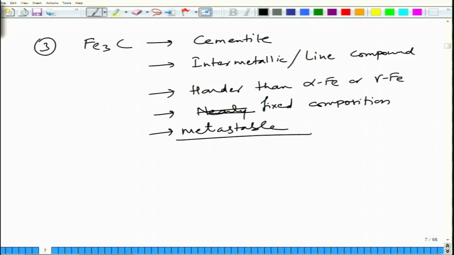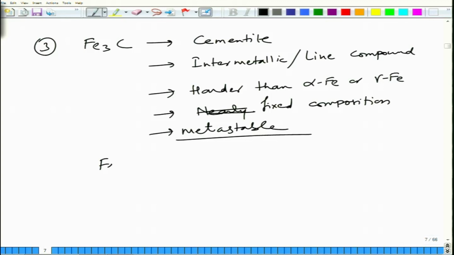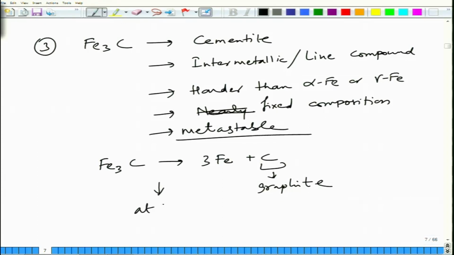If you provide appropriate conditions, it happens not in steel as such, but more in cast iron. When the carbon percentage is higher, Fe3C tends to decompose into Fe plus C, and the C is nothing but graphite. This happens at higher carbon concentration, silicon concentration, or slow cooling conditions.